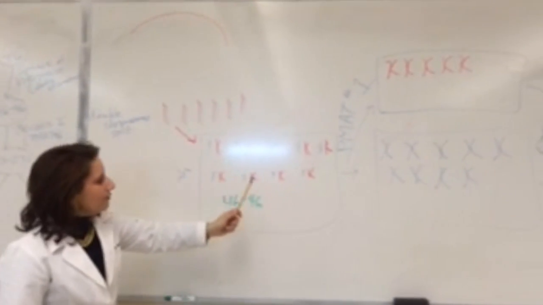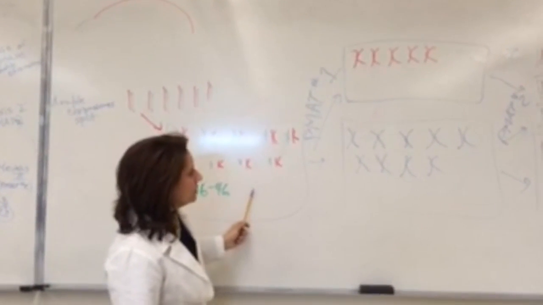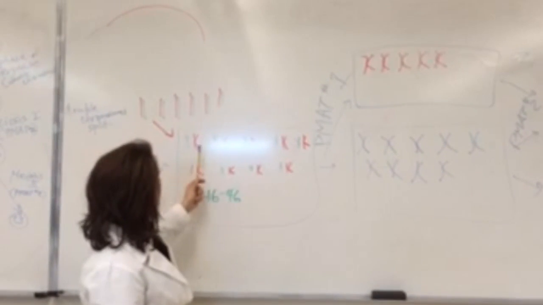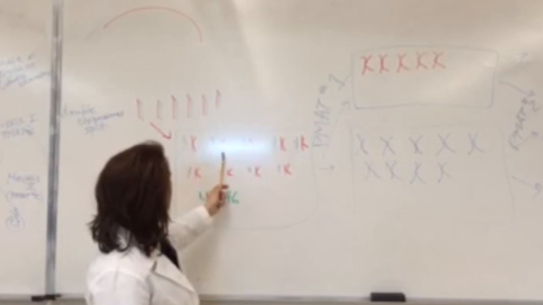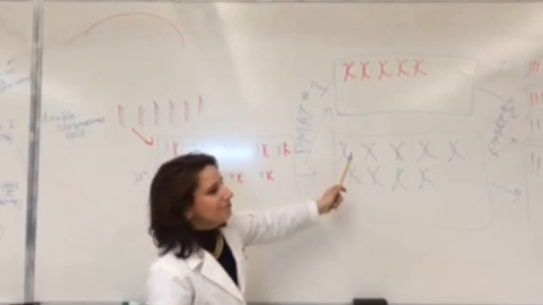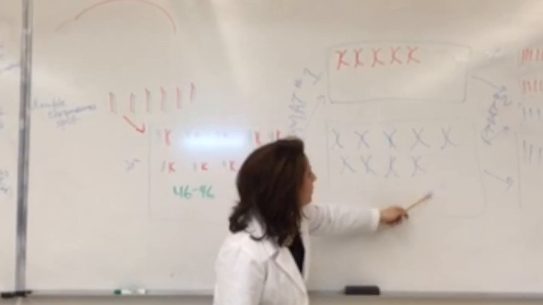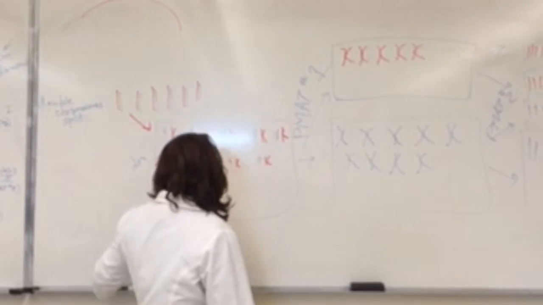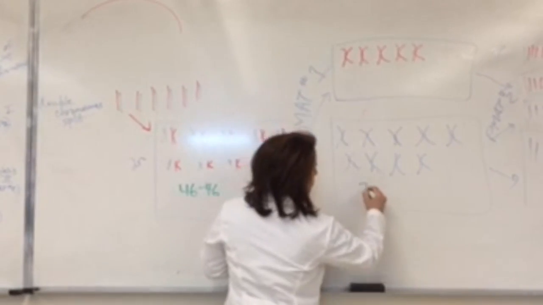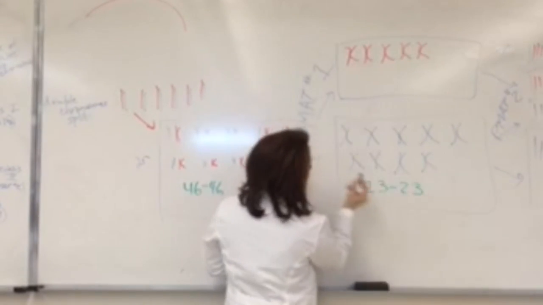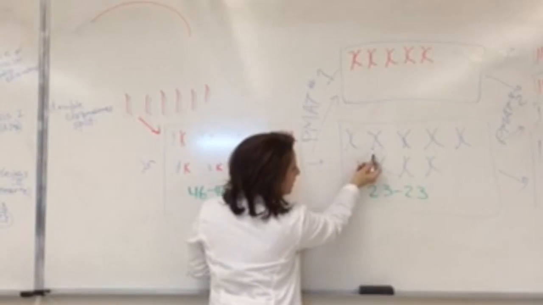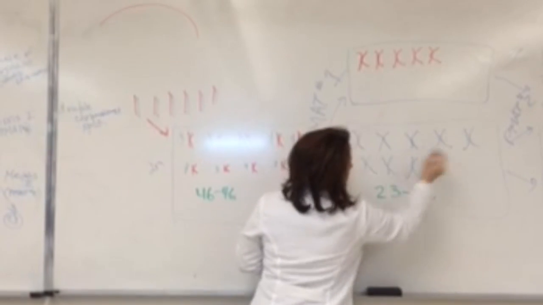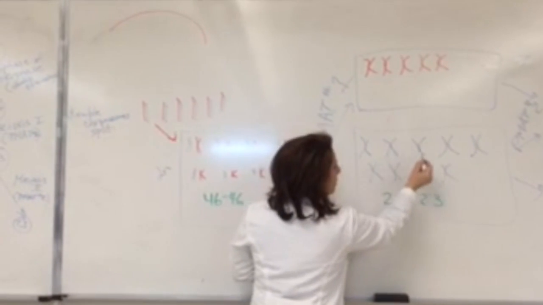So when the primary spermatocyte undergoes meiosis 1, all these double chromosomes are going to split from one another. So let's say, I'm just making it up, all the blue ones will come over here, all the red ones come over here. So now I've got 23, 23. That means I have 23 of these, and I've got 23 of these.